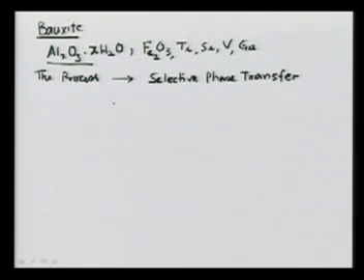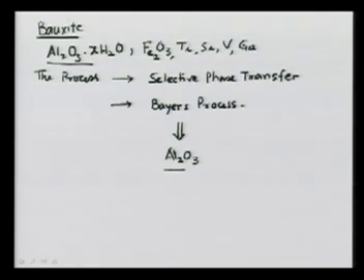This process of selective phase transfer is also called the Bayer's process. So what we'll do now is specifically talk about the Bayer's process and how, out of all the things which are present in there, we can produce very good quality, high purity Al2O3. That's our objective, and we'll see in a moment how we can do it.